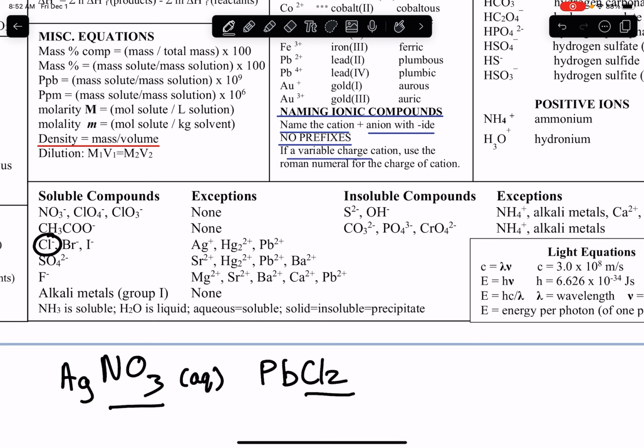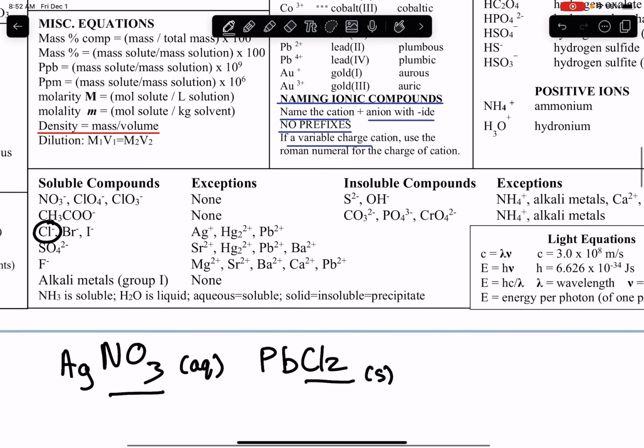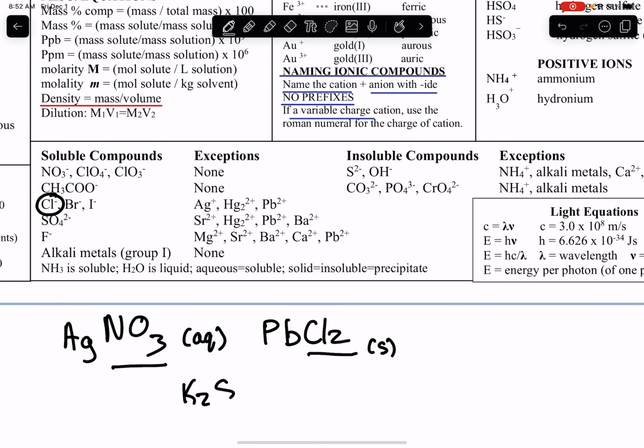So that means that we have a solid compound here. Lead chloride is not soluble, it is insoluble. The other one we were going to look at is K2SO4. Sulfate is also on the soluble compound list here. And potassium, the K, is not one of these exceptions. So that means this follows the general rule of being soluble and aqueous.